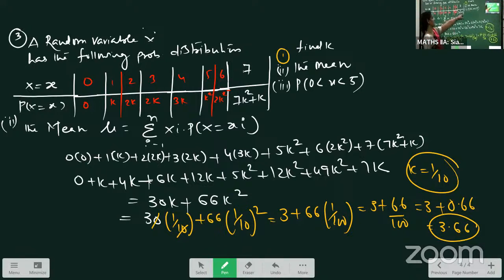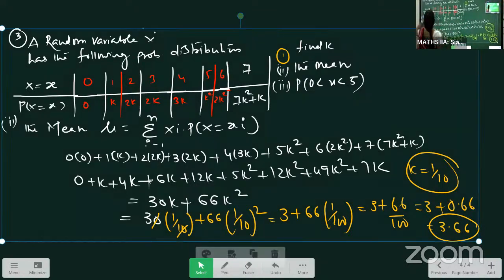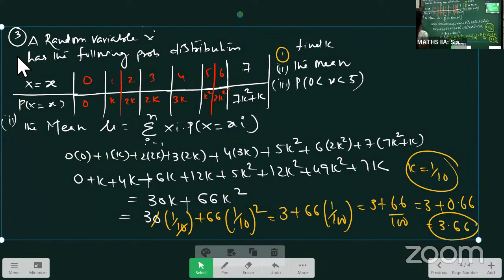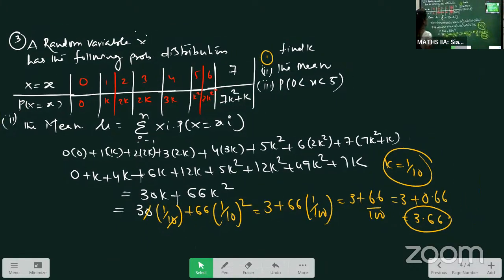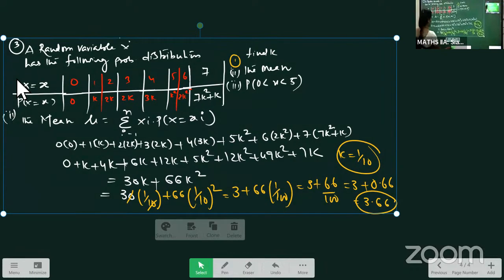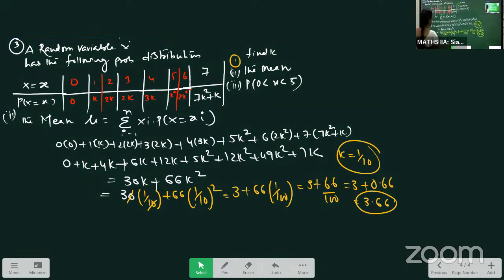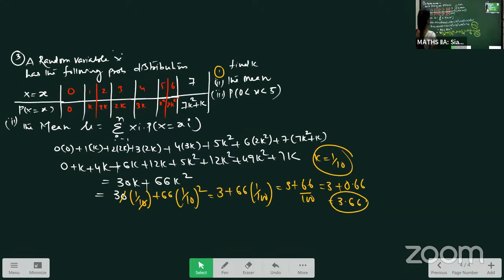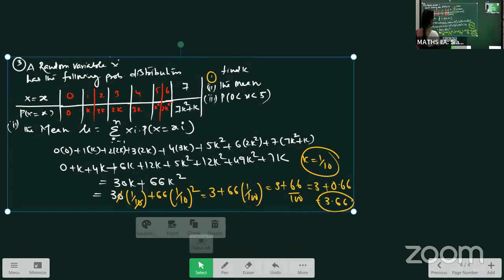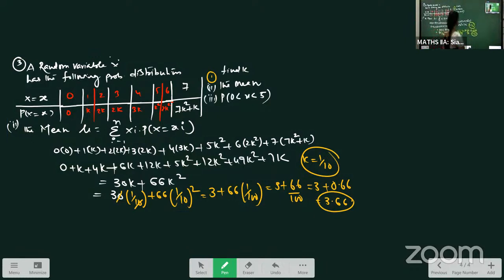And our last one is P of 0 less than x less than 5 to be found out.